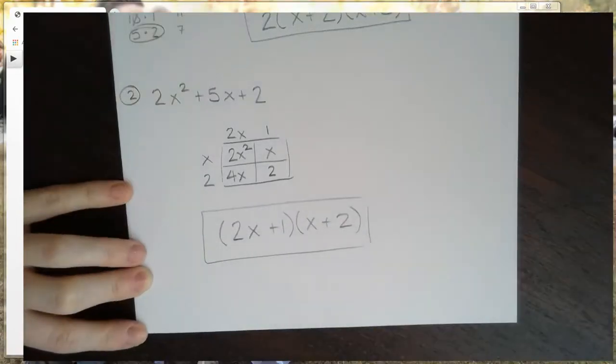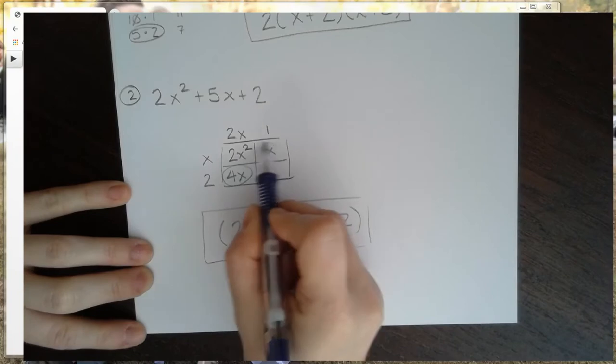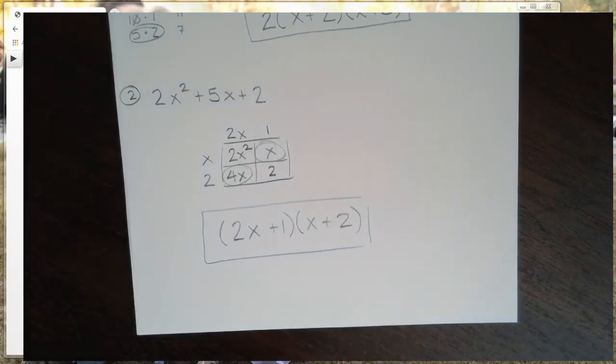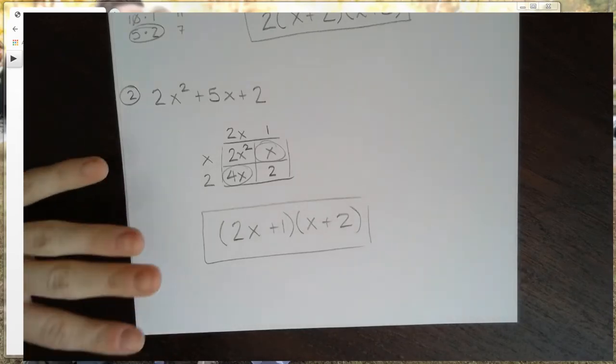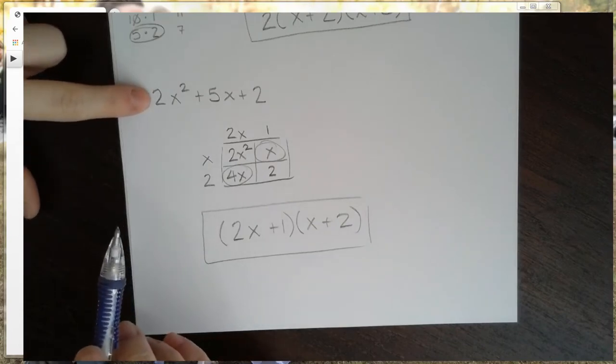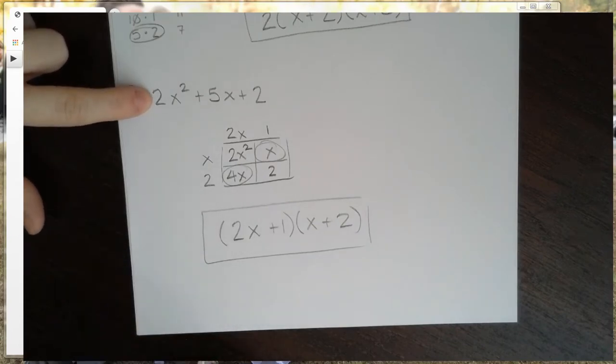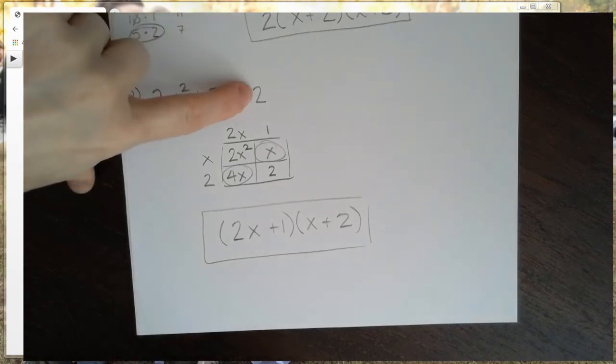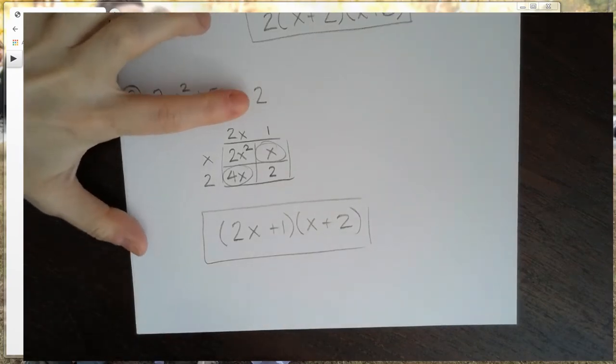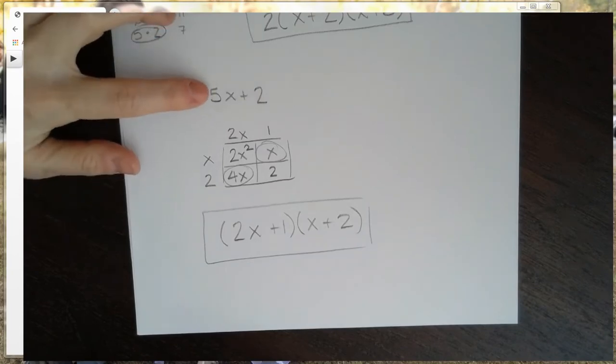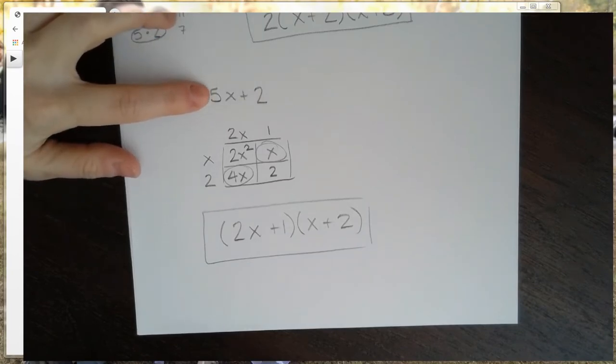Now, the question is, how do I figure out these two pieces without drawing the box every time, filling in with algebra tiles? Well, before, my coefficient was a 1. I didn't have to worry about anything other than taking this last number and breaking it down. But I can't break down 2 into factors that will add up to get 5.